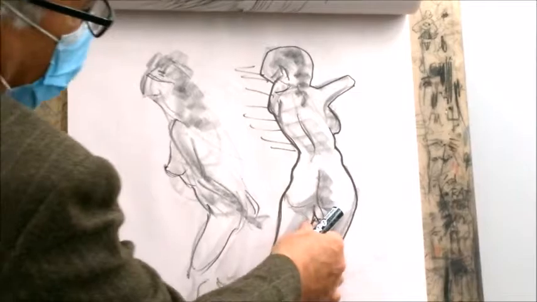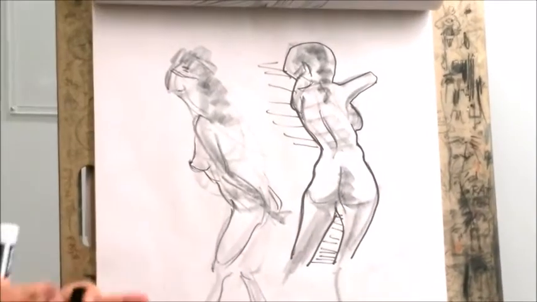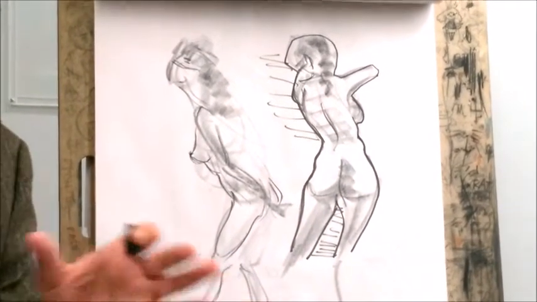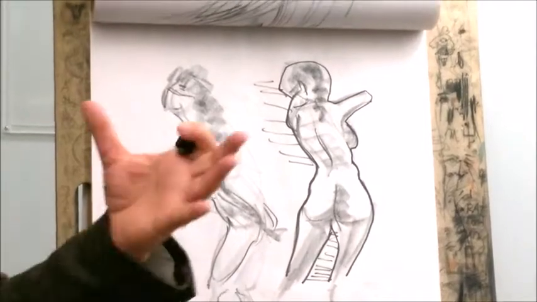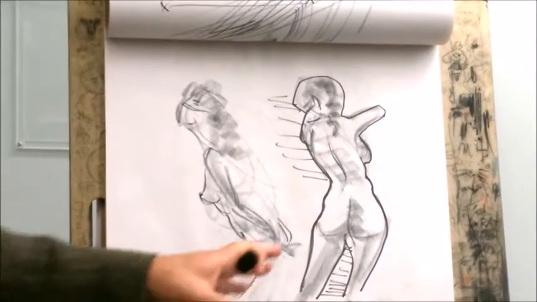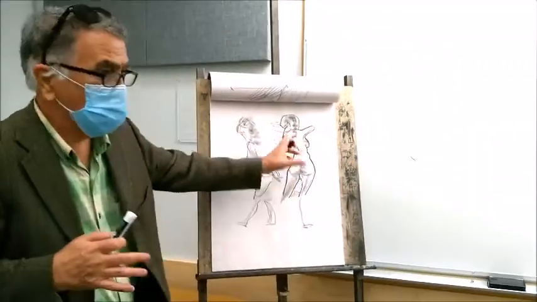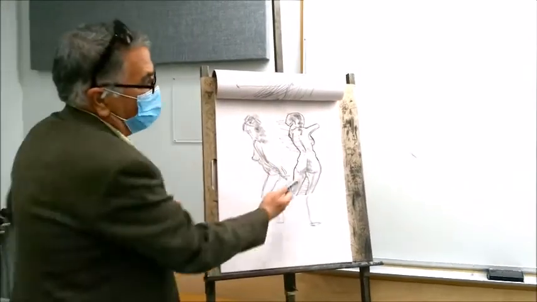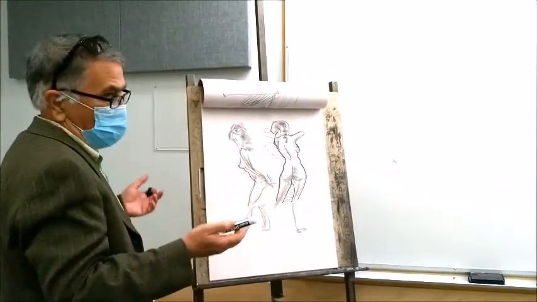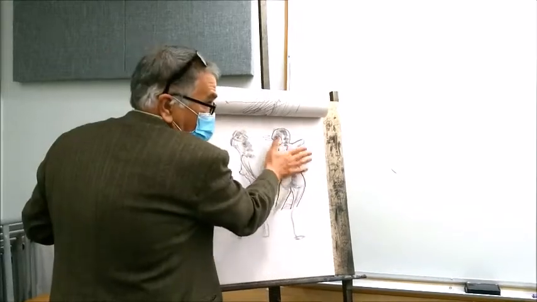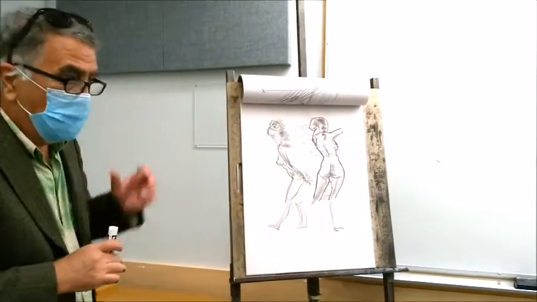But look, here I have created depth and 3D dimension, the third dimension of what is happening. I've created the illusion of that. In reality, everything is flat, everything is 2D.